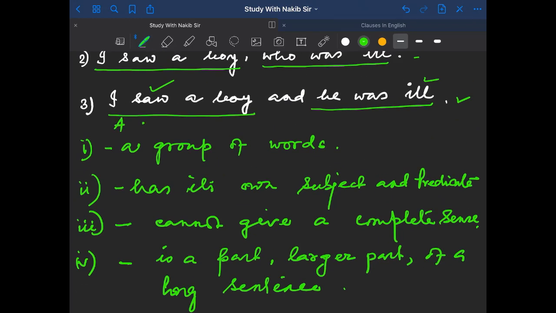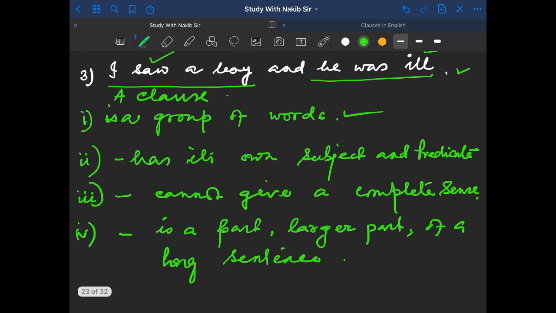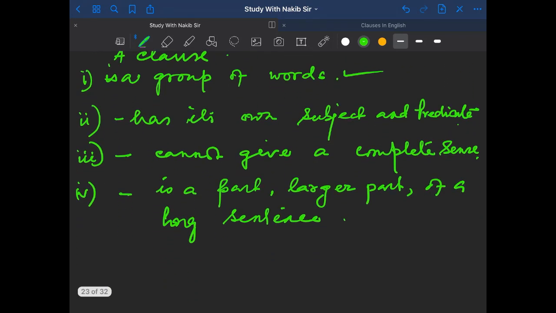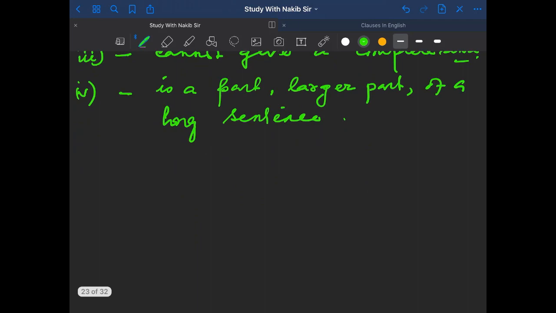Right here, a clause is a group of words. A clause has its own subject and predicate. A clause cannot give a complete sense. A clause is a larger part of a long sentence. Okay, so what is the clause?